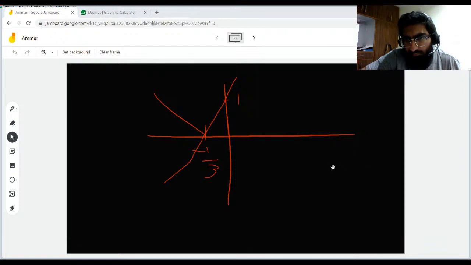Am I right? Give me a second. You have got minus 1 by 3 and positive 1. Would it be like this?